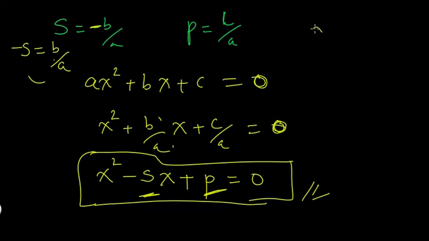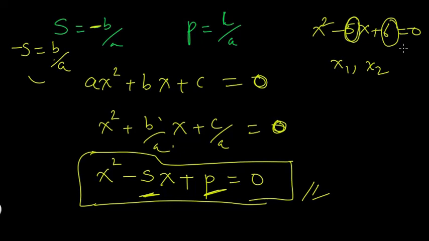So whenever we encounter an equation like x squared minus 5x plus 6 equal to 0, always remember that this value, 5, is the sum of the roots. If there are two roots x1 and x2, the sum of the roots is always 5, and the product of the roots is this one, 6. Okay, got it?